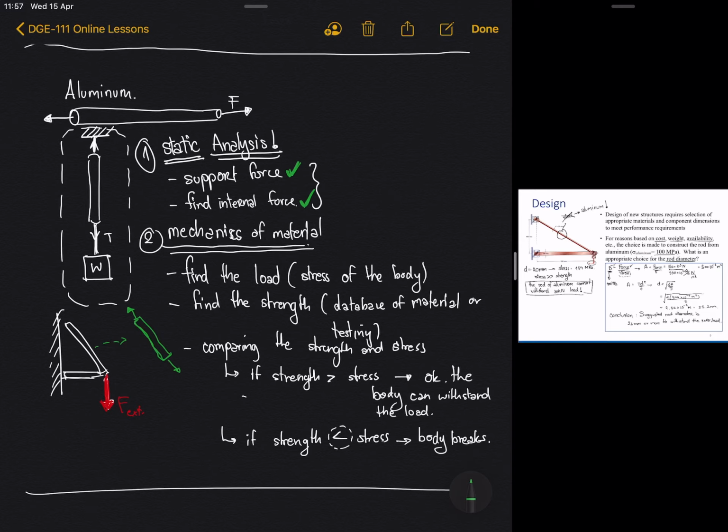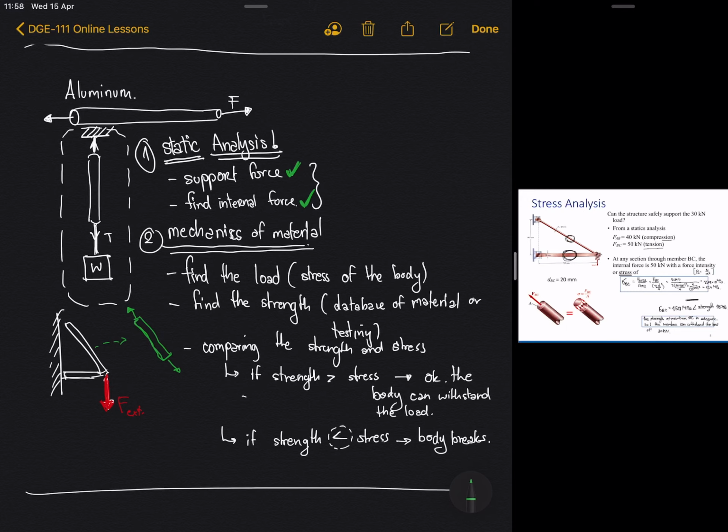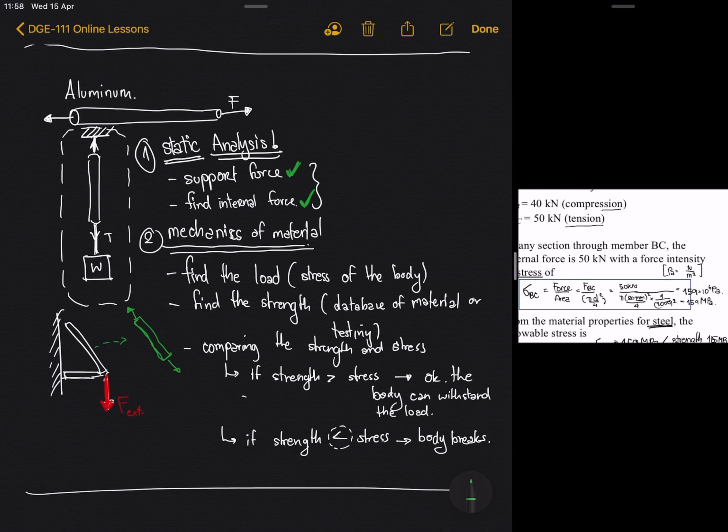In step 2, we have to use the knowledge of mechanics of materials. We define the load here, which means the stress. So we have to look for the stress, and as you can see over here, we have a stress of 159 megapascal.